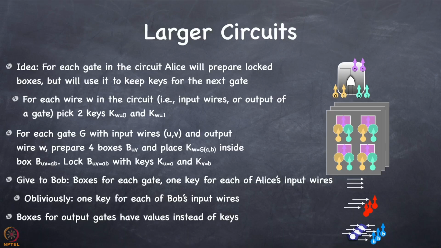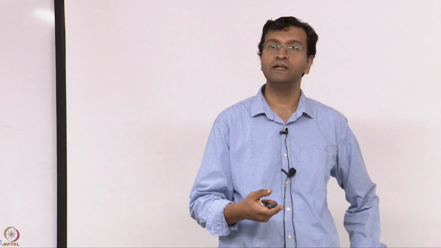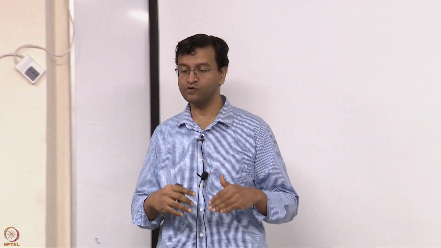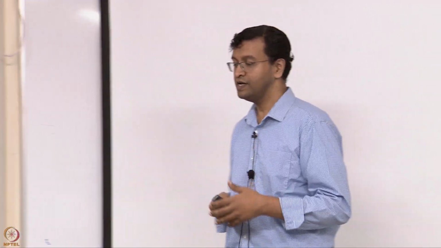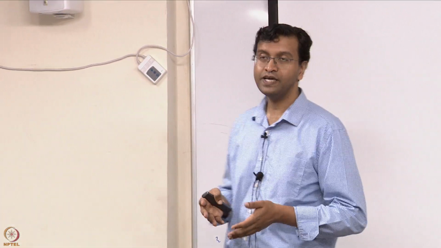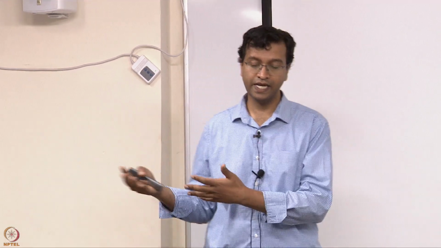And there are a lot of optimizations. The boxes will eventually become some sort of ciphertext, and instead of 4 ciphertexts, there are protocols which shave it down to 3 or 2 ciphertexts using clever tricks. For special kinds of gates, you can do special things. If you're in the random oracle model, you can get some gates for free: the XOR gate doesn't need any of these boxes.